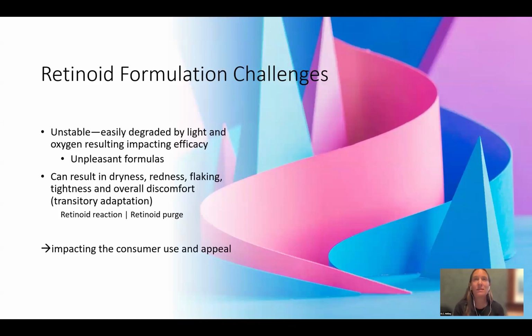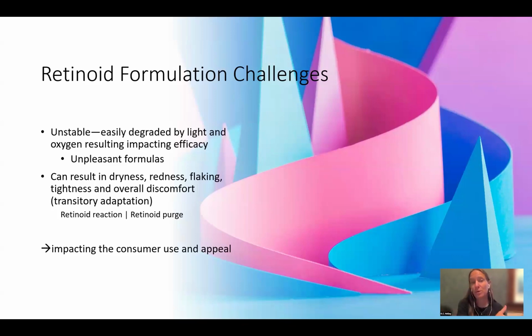And because of that, sometimes these retinoids, especially if you're looking at a prescription that has a retinoic acid in it, they tend to be these anhydrous formulas that are really goopy. They're not very aesthetically pleasing, and so they're not really nice to put on the skin. They don't have a good skin feel at the same time.